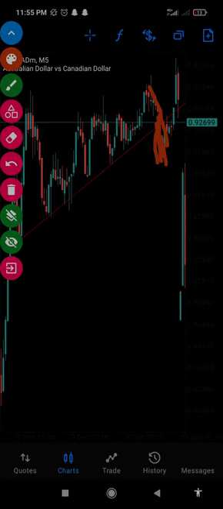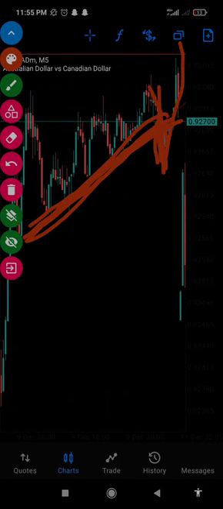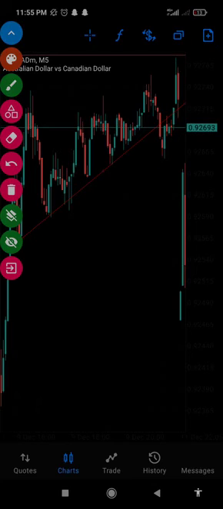So here there's a lot of money pending. So this break now is to take all this money. They broke it, then what happened? They went up back.